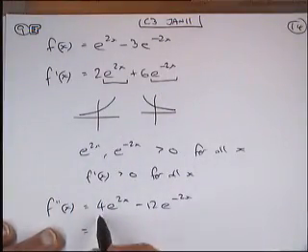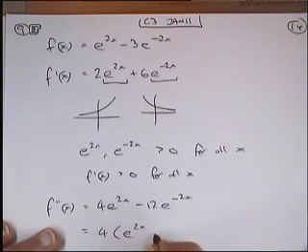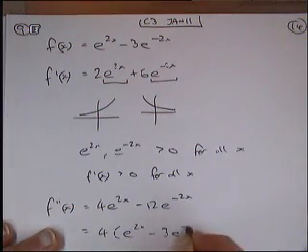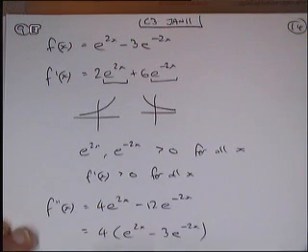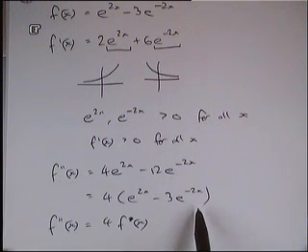Well, if you can spot, you can factorize this by 4. And if you factorize this, you actually have now that f double dash x is equal to 4 lots of, sorry, there's no dash there at all, shouldn't be there at all, f of x. So this function here, the double dash one, is actually 4 times the original function.